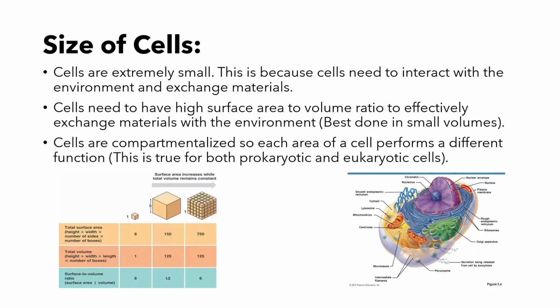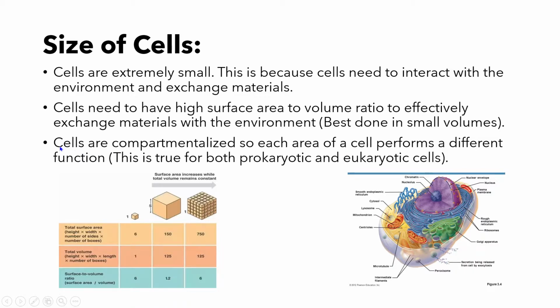If you look at this diagram here, with this large cube and this large cube split up into many smaller cubes, we can see that the volume stays constant, but the surface area increases. This is good for cells because they try to interact with the environment, and having a higher surface area while maintaining the same volume is crucial to be able to interact and exchange materials with the environment most effectively.